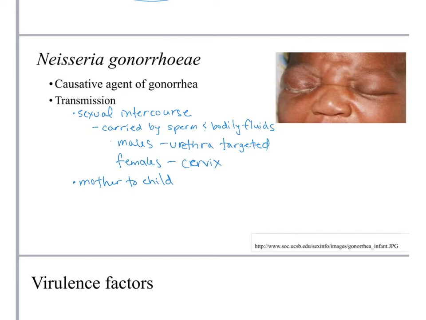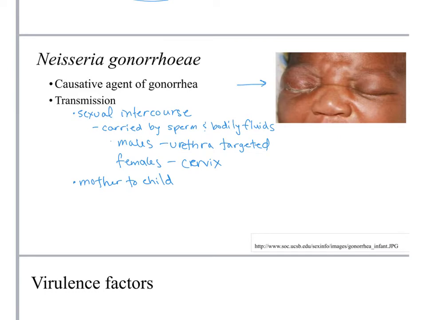And as we'll see in females, the infection is very often asymptomatic, so they don't even know that they have it. Plus, some women wouldn't be likely to admit that they potentially could have it. So just as a matter of course, when babies are born, we always treat their eyes.